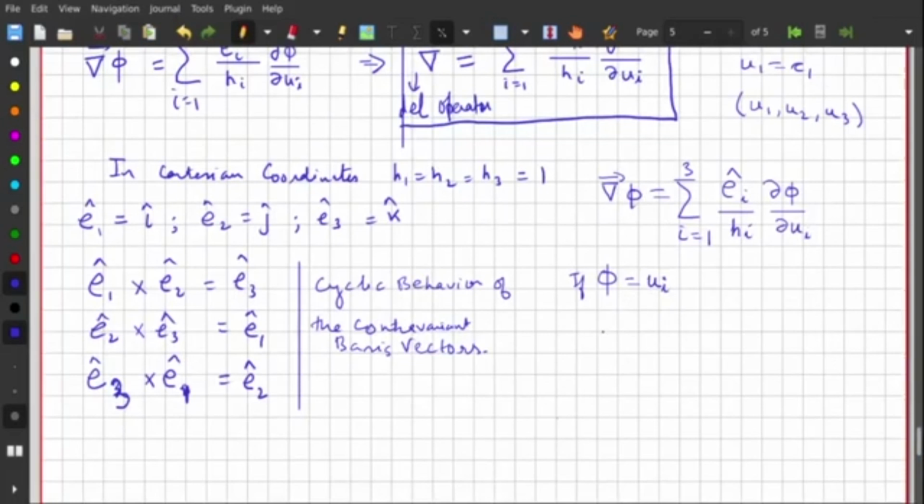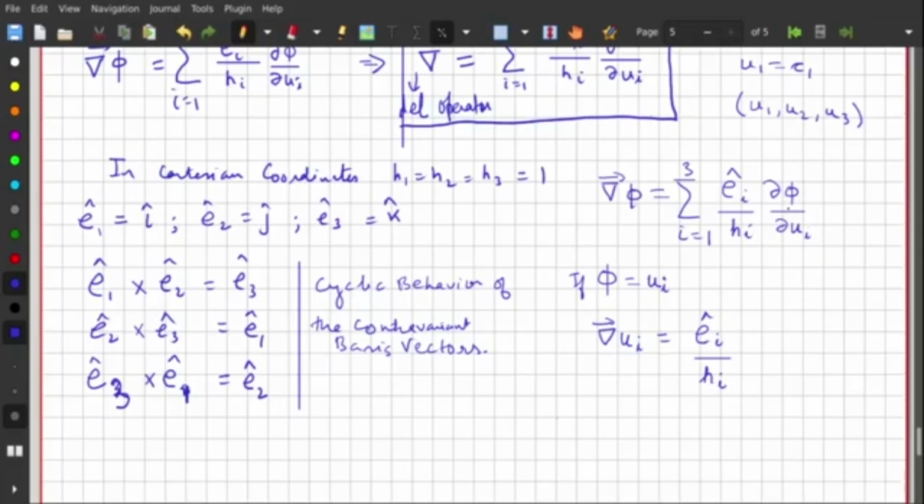So this equation will become grad phi. Instead of phi we have u_i, and this will become e_i hat by h_i, because if we substitute phi equal to u_i, the sum will only survive for the component where phi is u_i.